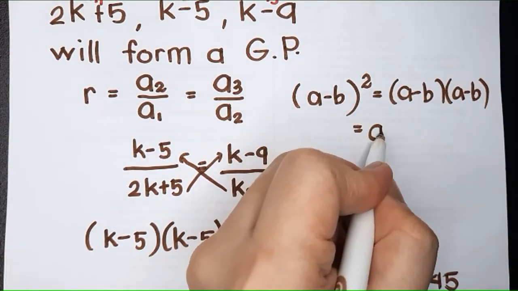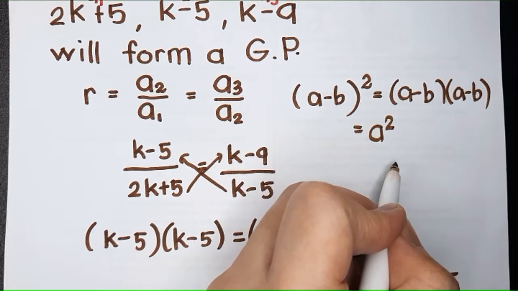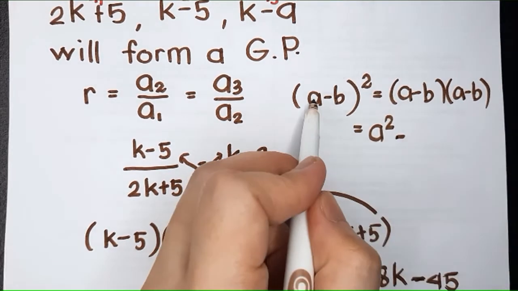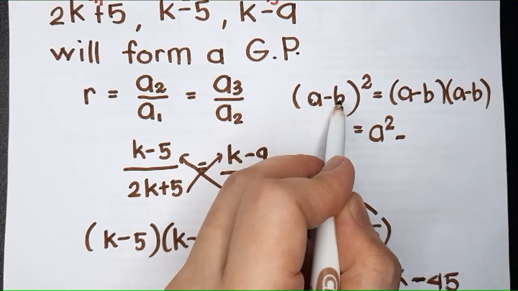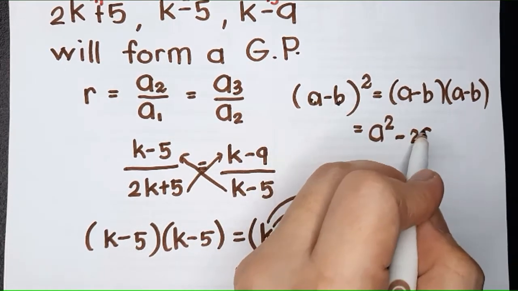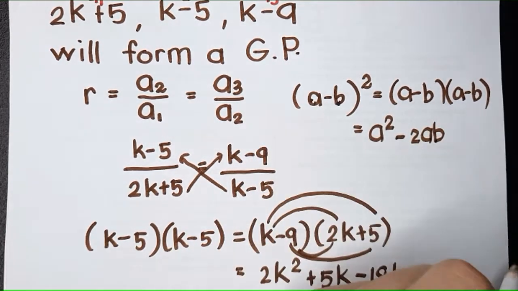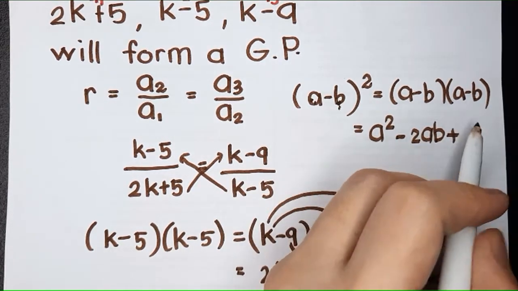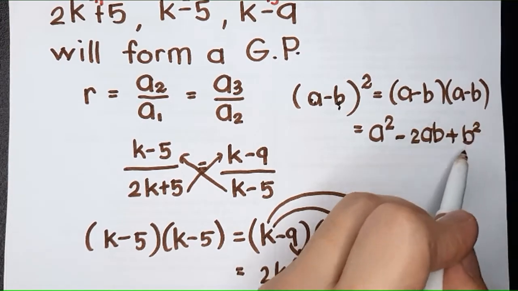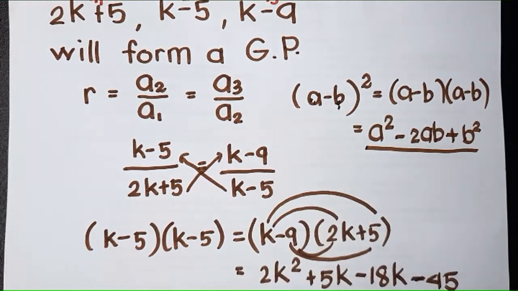What you do is square the first term, minus the product of the two terms, A times B, times 2. So that's why we have 2AB. And then finally, plus the square of the second, so B squared. Okay? We're going to follow this formula.